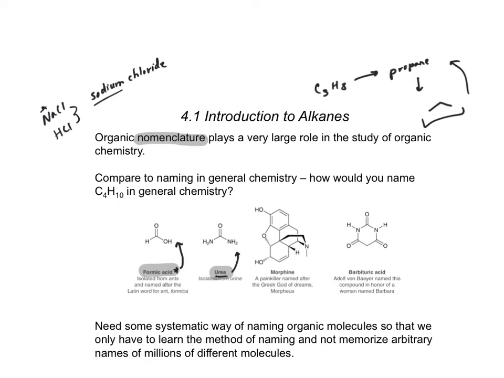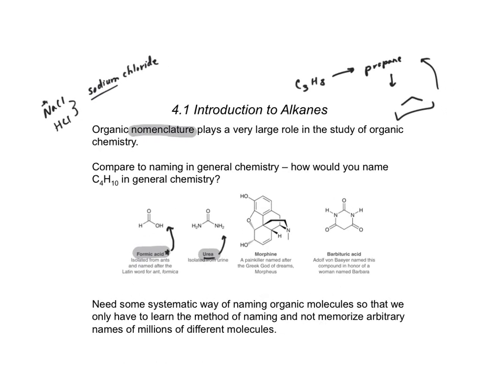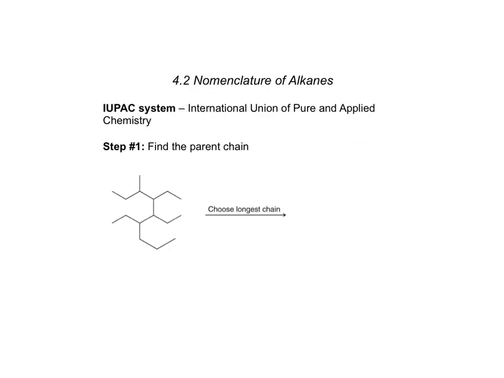Okay, so that systematic set of rules that we utilize is called the IUPAC system of chemical nomenclature. And we're going to get into what the rules are, how you're actually going to be able to name compounds given this IUPAC system. In class, I wrote how to say this.